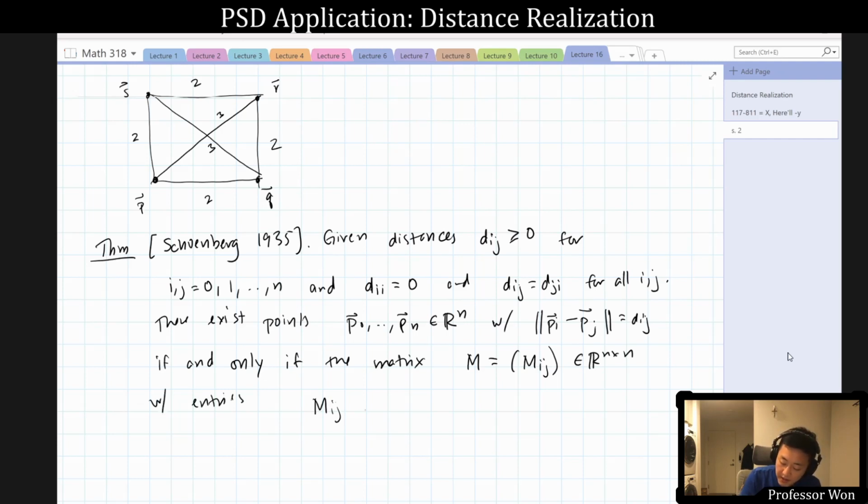So what is Mij going to be? It's going to be the following thing: 1/2 times di0 squared plus d0j squared minus dij squared. So set up this matrix for every i and j, compute this number. You can find points like this if and only if this matrix is positive semi-definite.